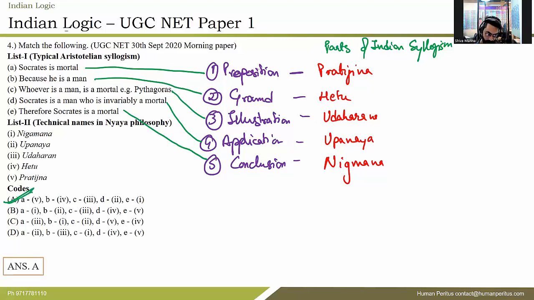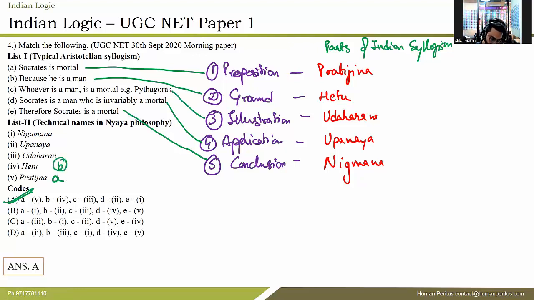So as mentioned in the question, if I could just remove certain things, what I can easily make out: Socrates is mortal. This is what Pratijna is, at fifth. So you can put A here, right? Because he is a man, that is Hetu.